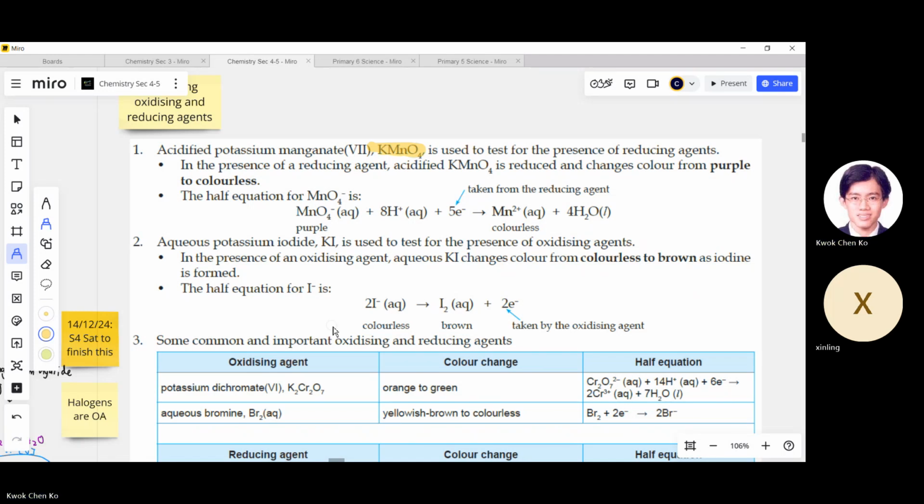It's called potassium manganate 7. The other one that they like to come up with is potassium iodide, KI. Highlight this as well. These 2 are very popular. Why? Because they can change color. That is the main reason.